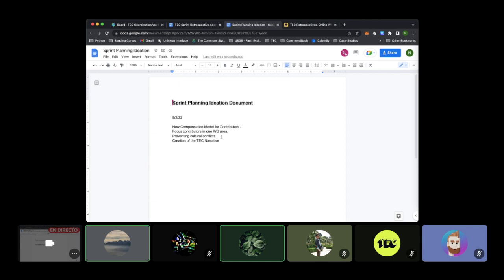It would drive all the contributors, all the contributions, all the initiatives. They are all based on a narrative. As a first approach, maybe revisiting the MVV, the mission, vision, values of the TEC, and really nailing it down, being really precise with definitions, concepts, and ideas of what we are.